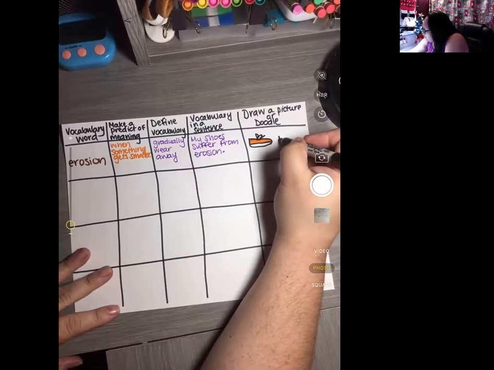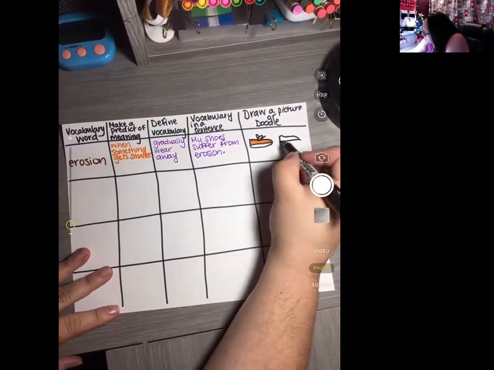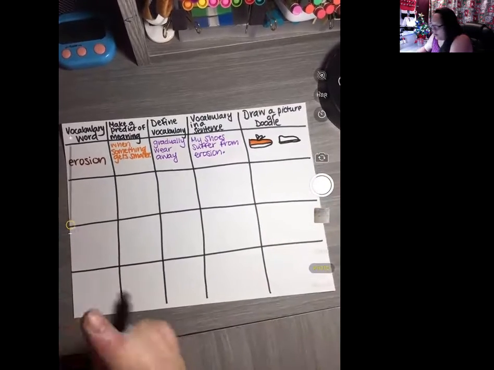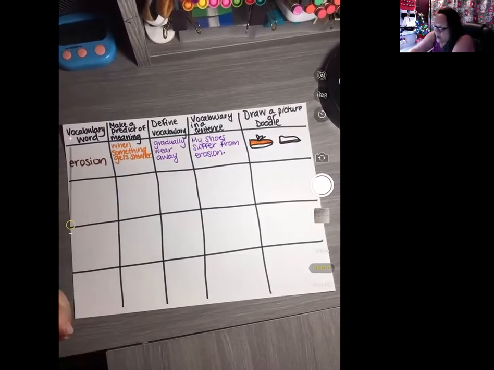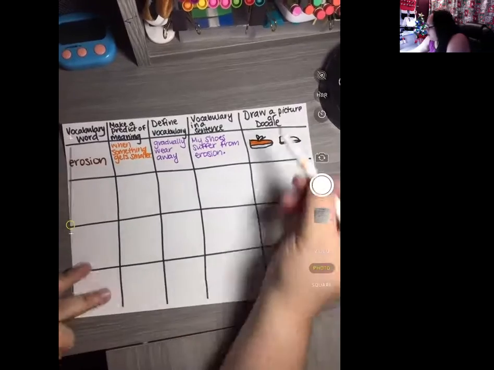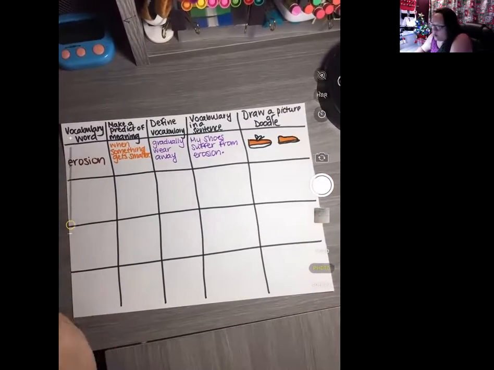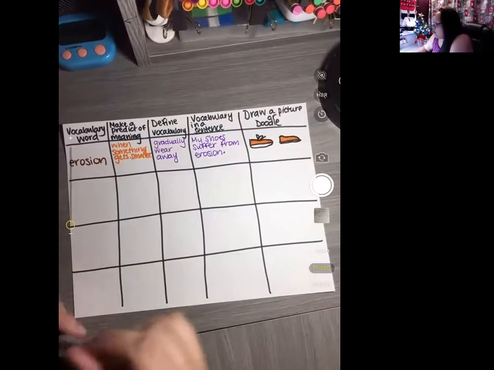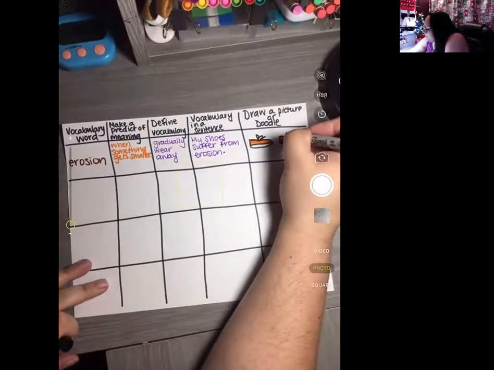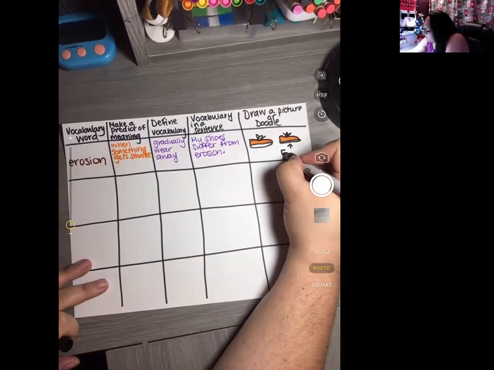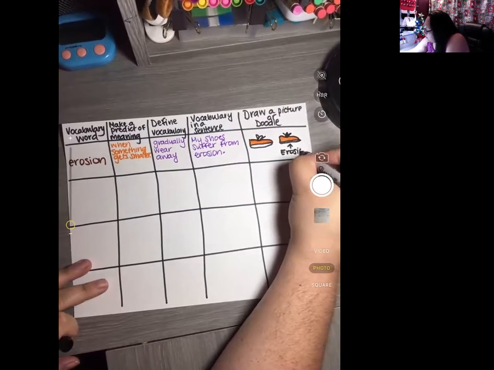So now my shoe and my sole is really thin. It's suffering from erosion. Super thin sole. Oh, I forgot my laces. That's important. Erosion.